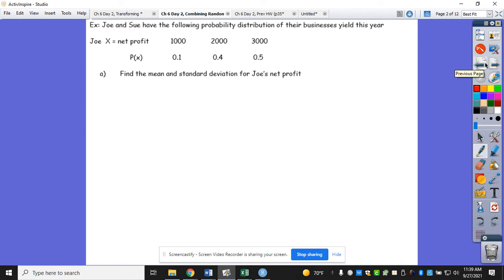If you're from the middle line this way, find Joe's mean and standard deviation. If you're middle line this way, find Sue's mean and standard deviation. So you, A and B, you're either doing A or B right now.